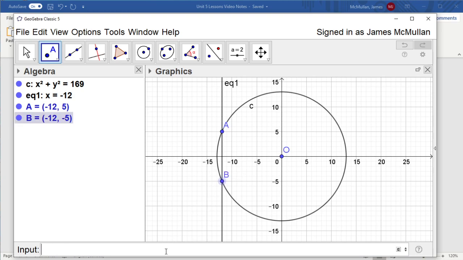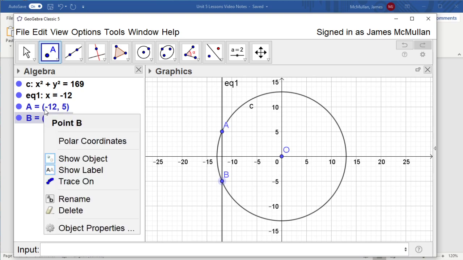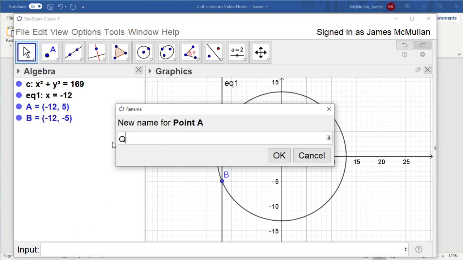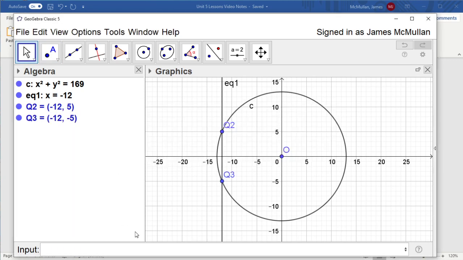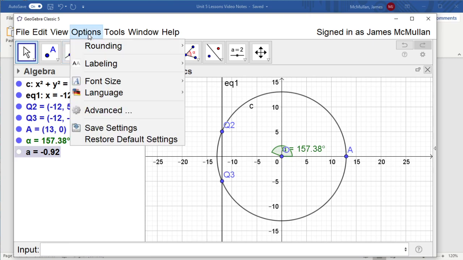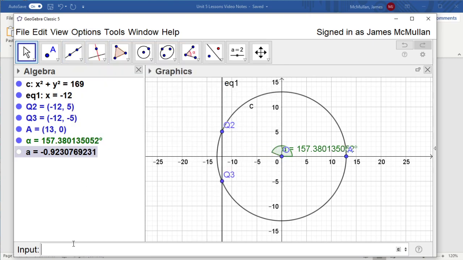And both of these would work because, let's call this, we'll rename this to the Q2 answer, and we'll rename this to the Q3 answer. And we'll say A is the initial arm at 13,0, and then we'll go angle AOQ2, and then if I take the cos of that angle, it is the exact same thing as negative 12 over 13, which is what our question asked us.